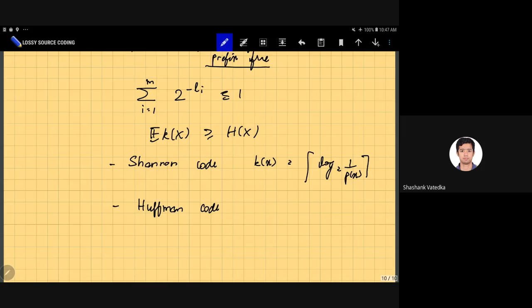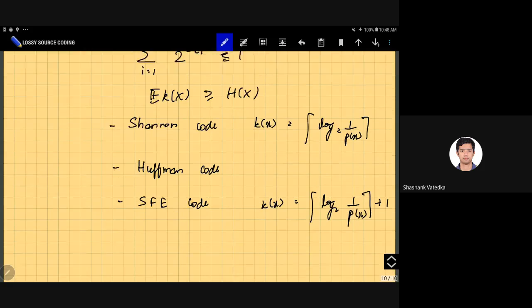The Huffman code is designed using this process of merging symbols together so that you construct the Huffman tree. We then saw the Shannon-Fano-Elias code, where the code word lengths are ceil of log 1 over p of x, plus 1 bits.